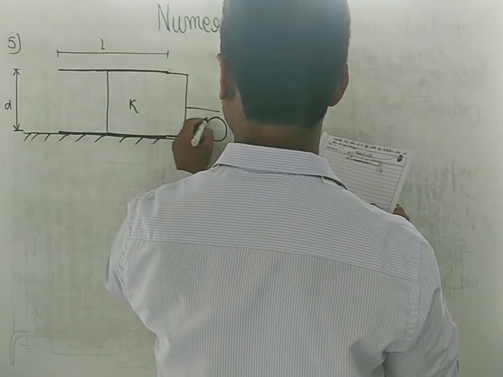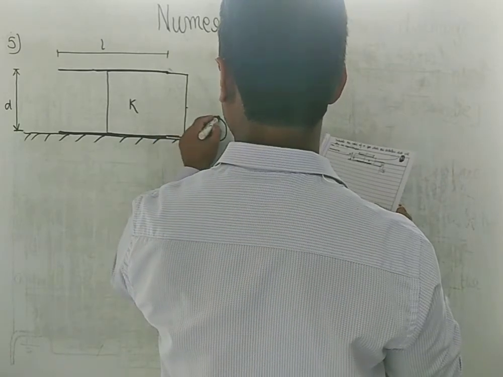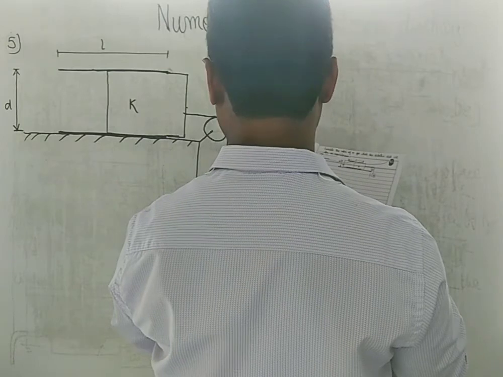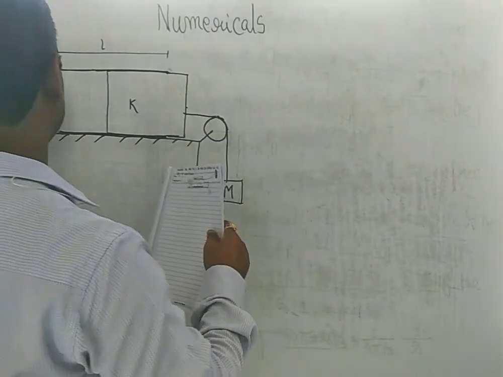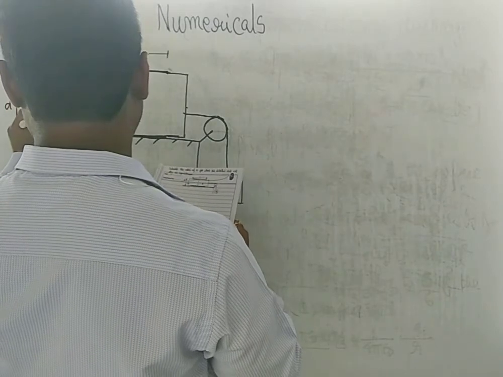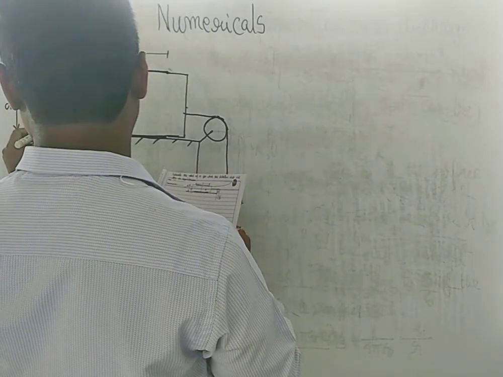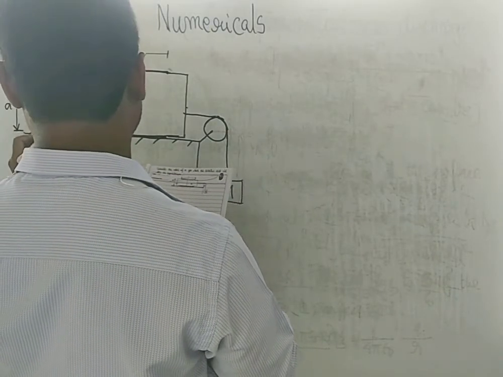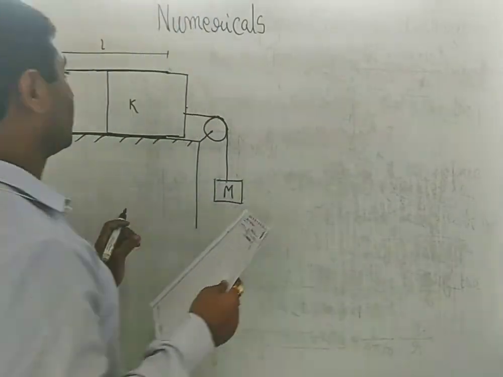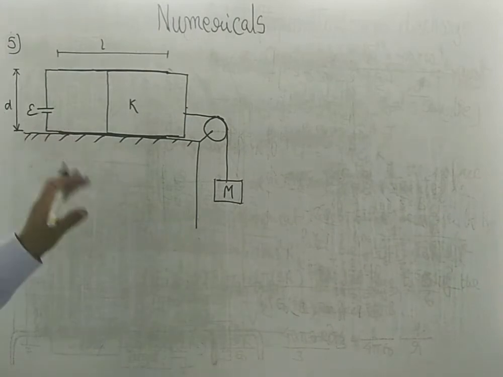Suppose this is the pulley and we have a mass connected here. Now these plates are connected with a supply like this, and this is the battery EMF E. This is the question given.